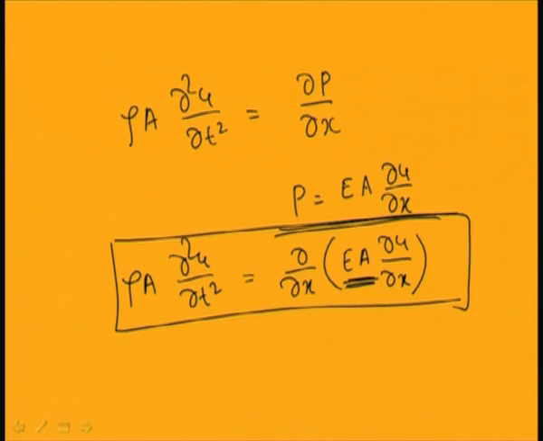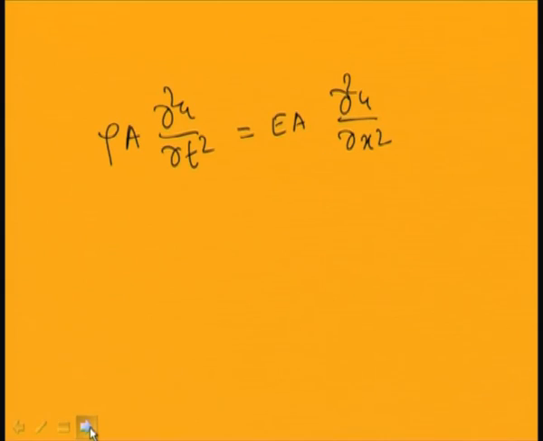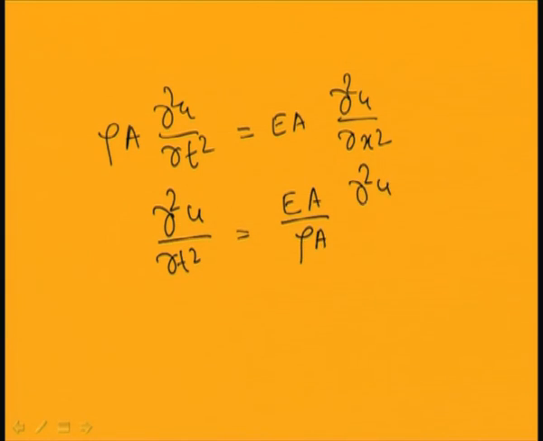Del square u by del t square is the acceleration, rho A is the mass, so mass into acceleration is the inertia force, or the force acting on the system. This will be equal to E A del square u by del x square, or the same equation you can write as del square u by del t square equal to E A by rho A into del square u by del x square.